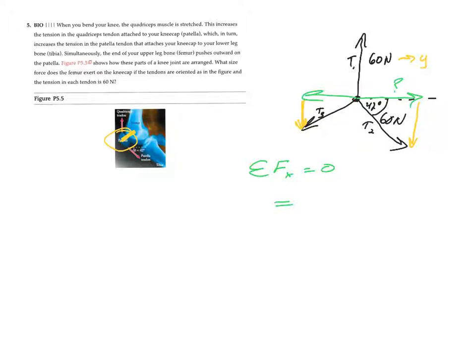So I'm going to call that T2X. T2X minus T3X equals 0. I can figure out what T2X is.